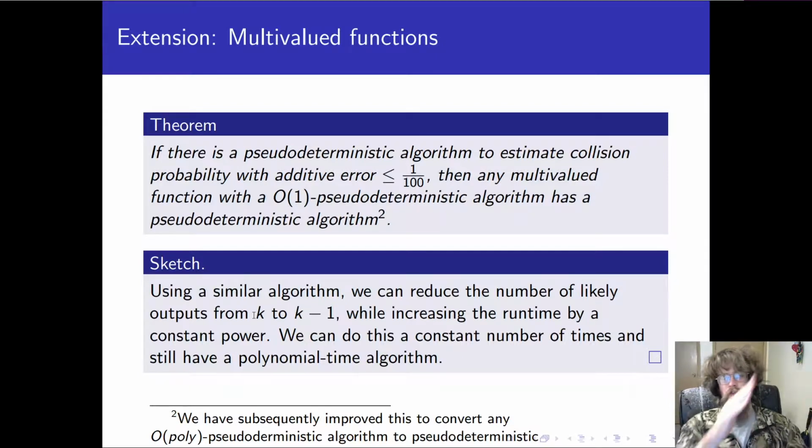You basically just have to change the constants around, make some of them smaller, run it k times as much, and each time you go from k to k minus 1, it increases the runtime: you take the runtime to the power of 4 times some other constant. So the runtime grows really fast, but as long as you only do it a constant number of times, it's still polynomial time.